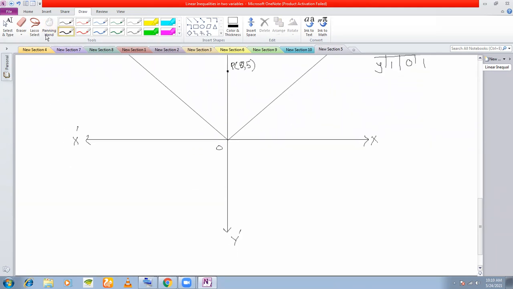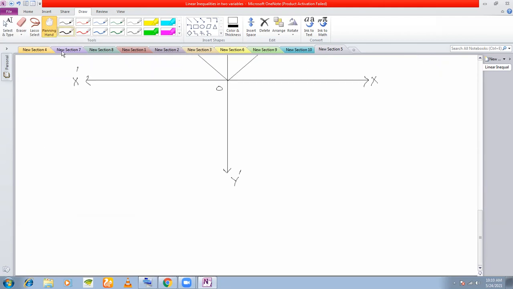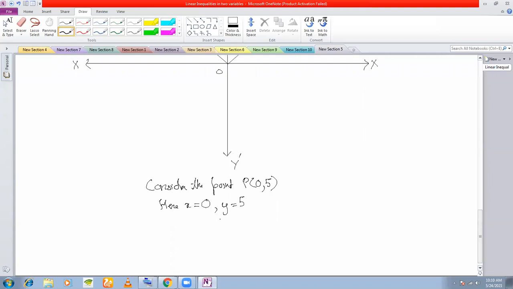At the point P(0, 5), here x is equal to 0, y is equal to 5, right?